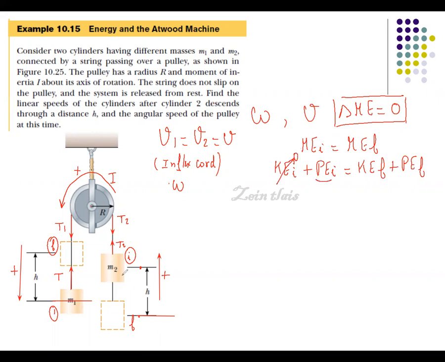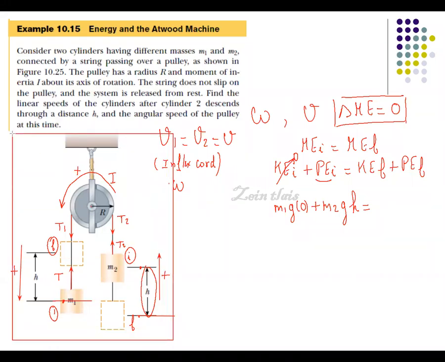Potential initial: M1 initially has 0 height, so M1 g times 0, plus M2 initially has height h, so we have M2 g times h, equals, you know, here I take the whole system.